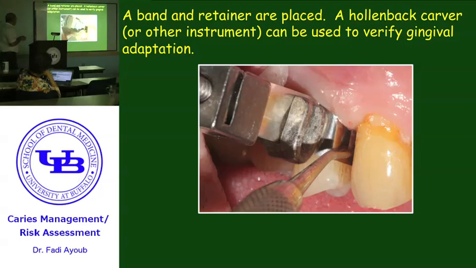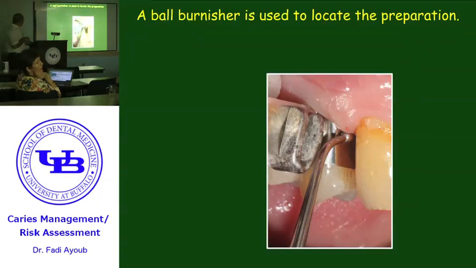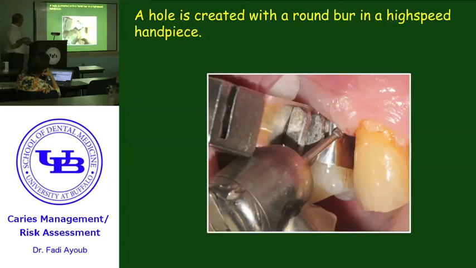A band and retainer are placed, you can see that. Then you use a Hollenbeck carver, or any instrument you like, to verify the gingival adaptation. Make sure it's adapted well. And then you get the ball burnisher and go over it to locate the preparation, because it's going to sink in. You can see that's the preparation underneath it.